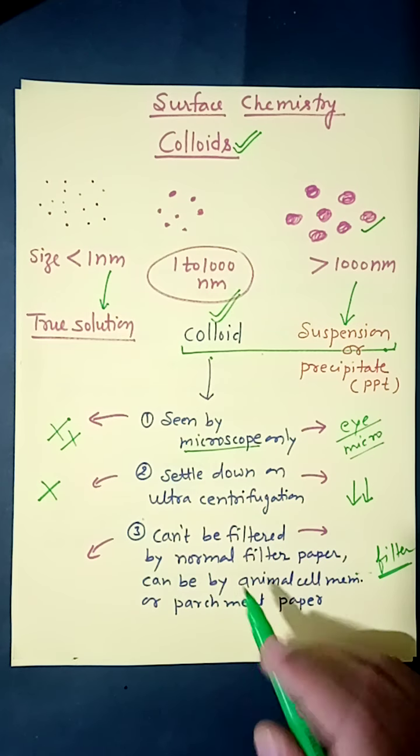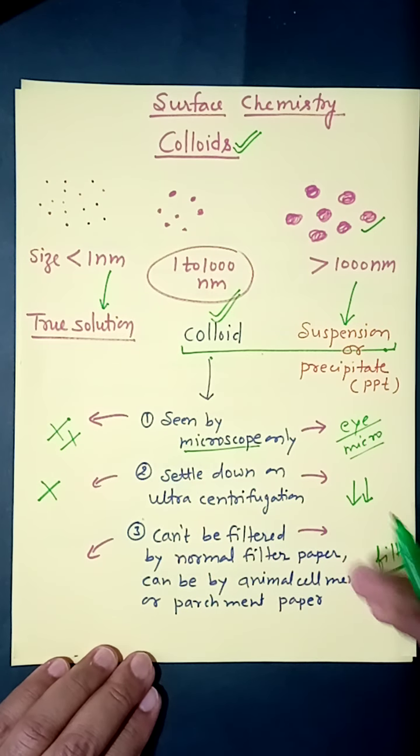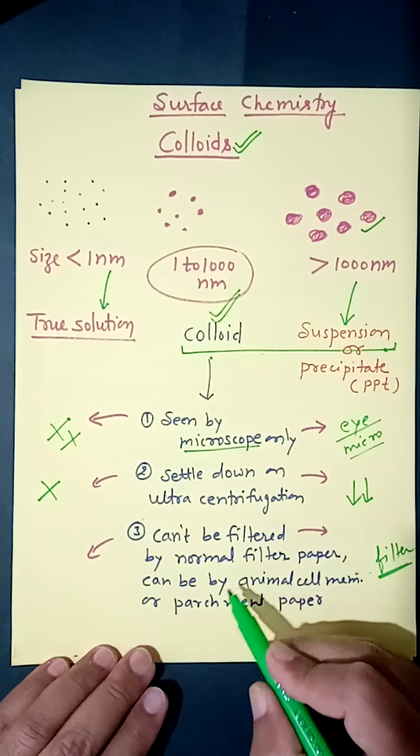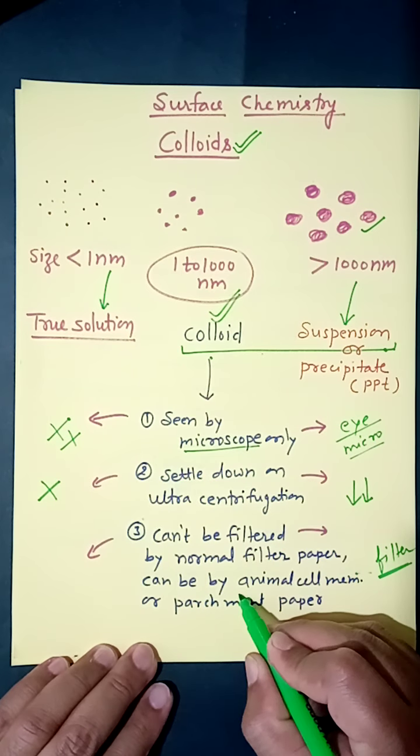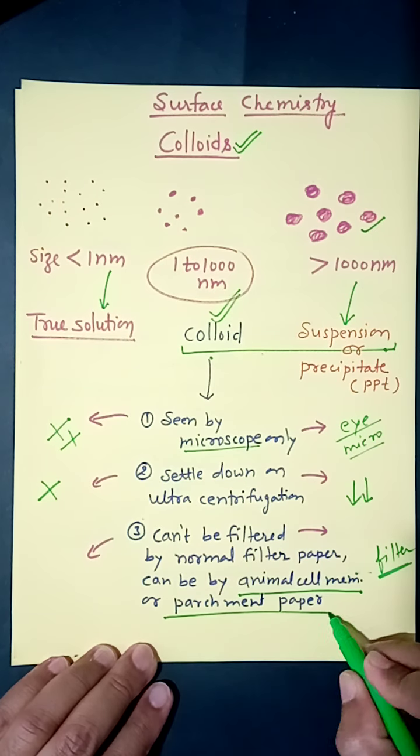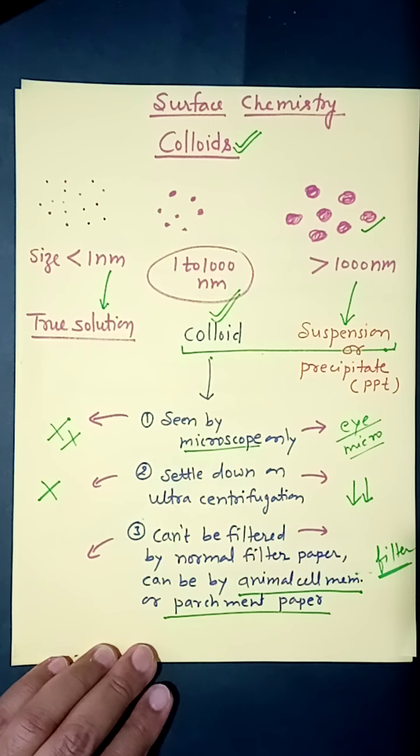So colloidal particles cannot be separated by normal filter paper, but they can be filtered by animal cell membrane, parchment paper, or cellophane membrane.